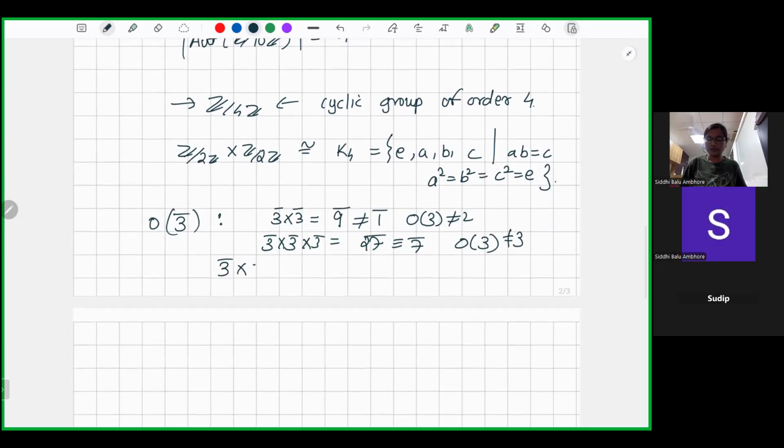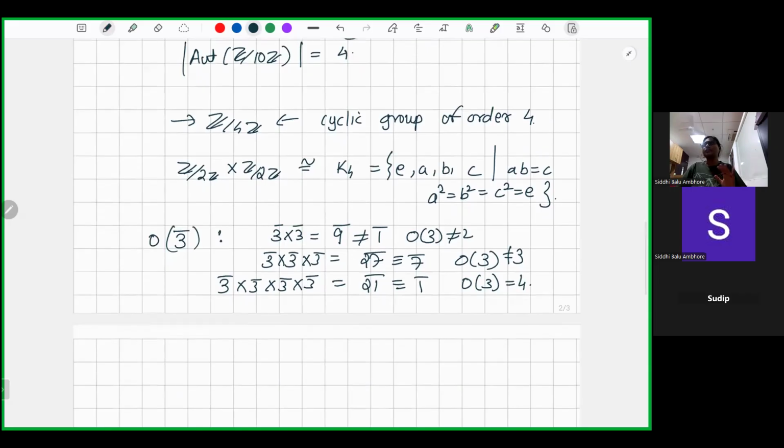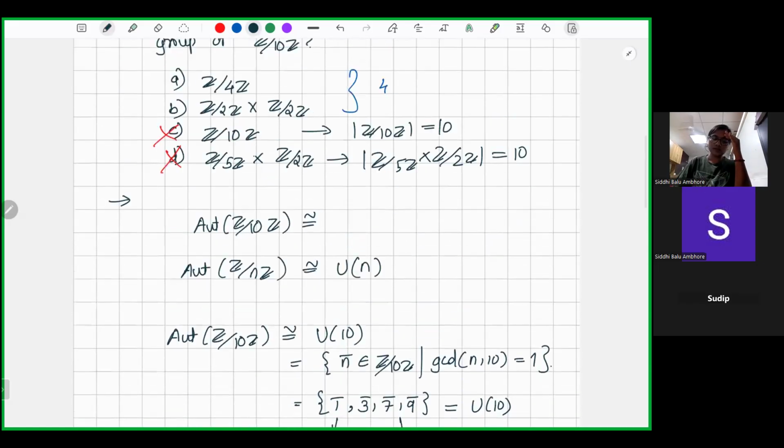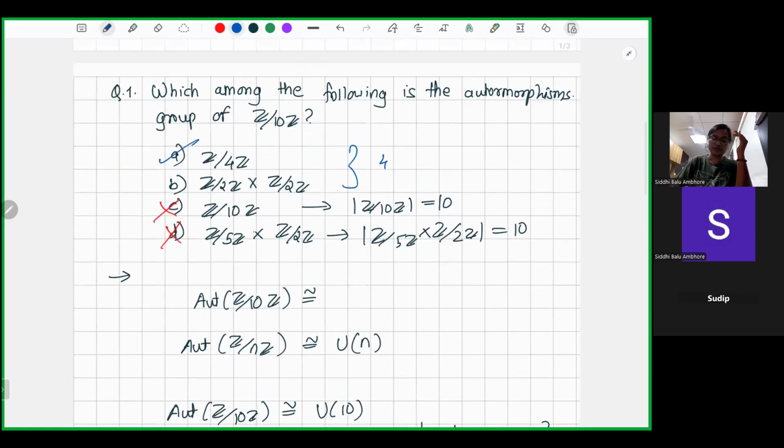And 7 times 3 is 21 bar, which is 1 bar in Z10. So the order of 3 bar is 4 here. The moment I have an element of order 4, I get that it is isomorphic to Z4 and not the other group.